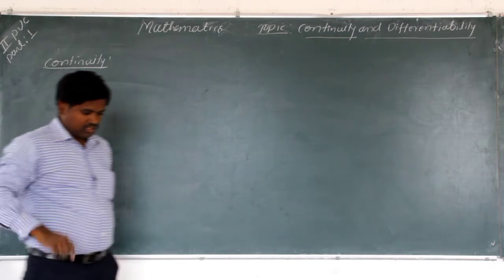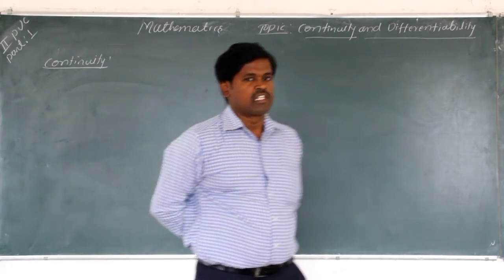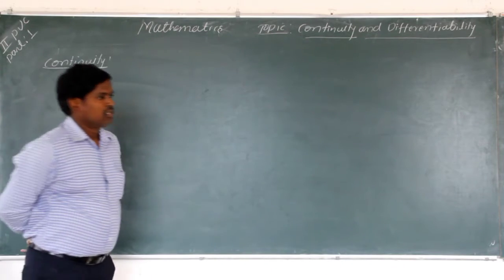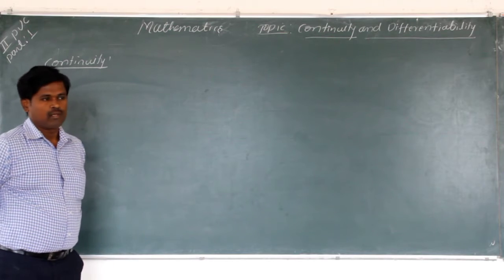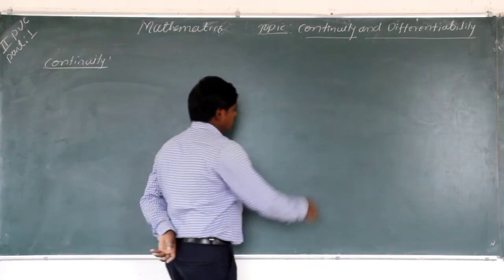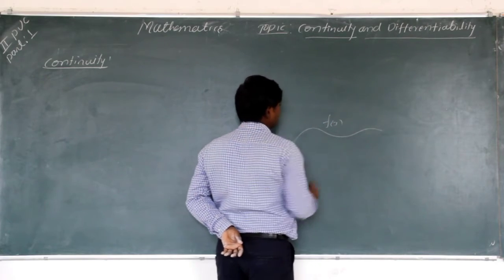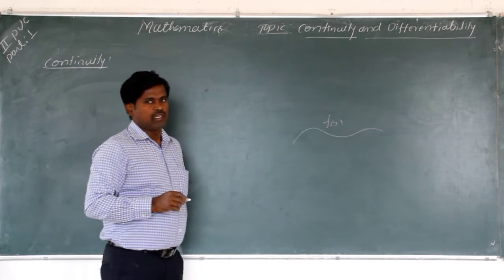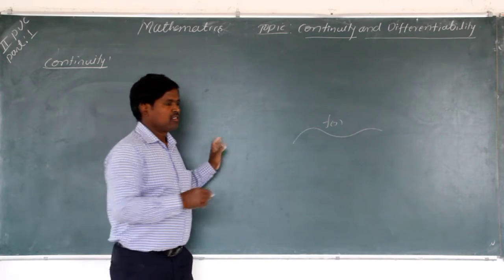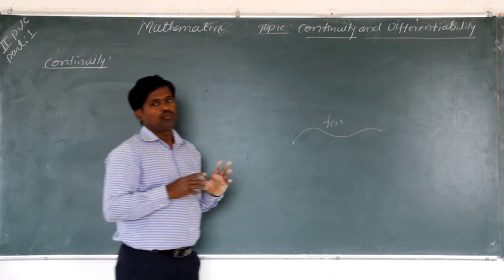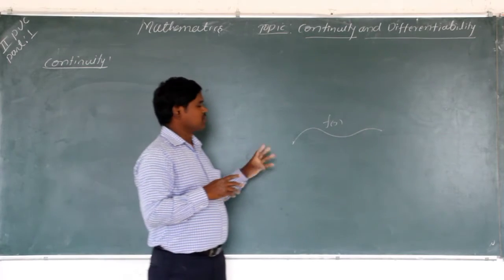So generally, a function f of x is said to be continuous. Generally, I am talking about generally. So suppose this is a function f of x. Observe here in this function, we see that there is no break and there are no jumps.